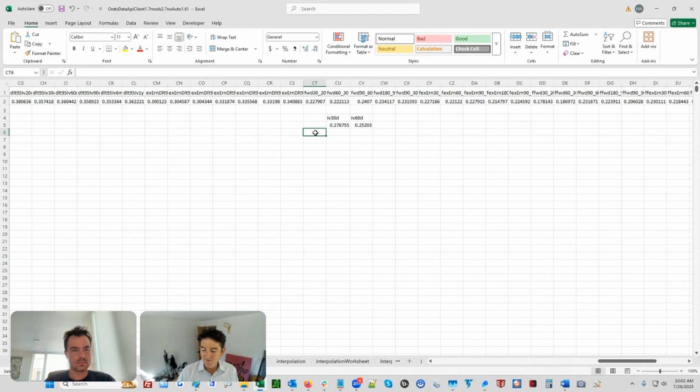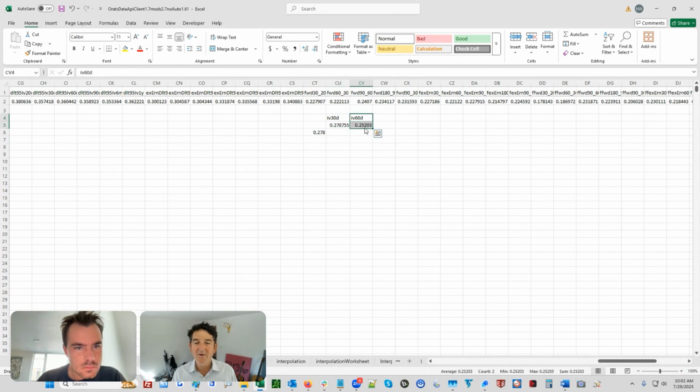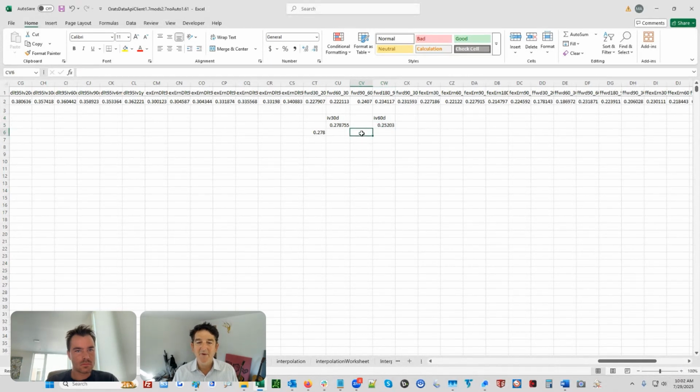So you have 0.278 here. And then what do you have in between here? In order to make the average 25, it's 0.227. I guess we could do this weighted average, right?